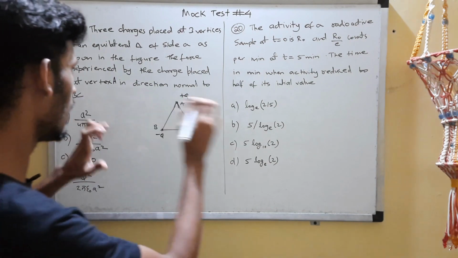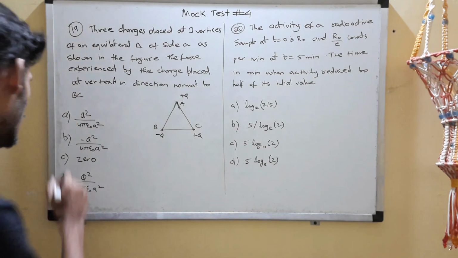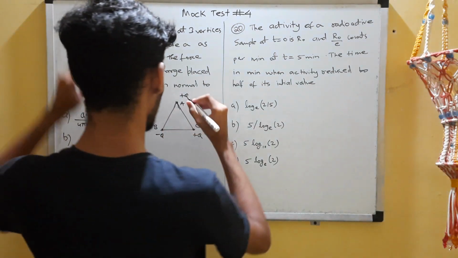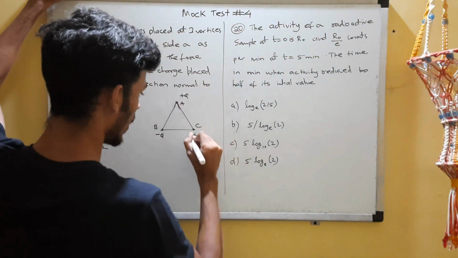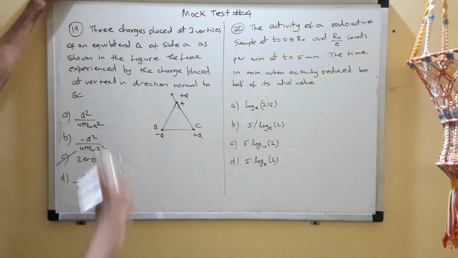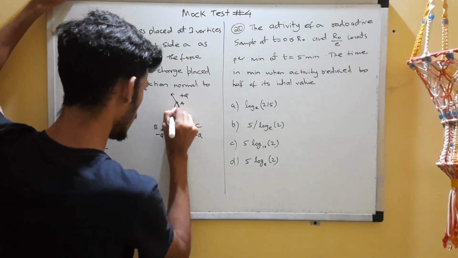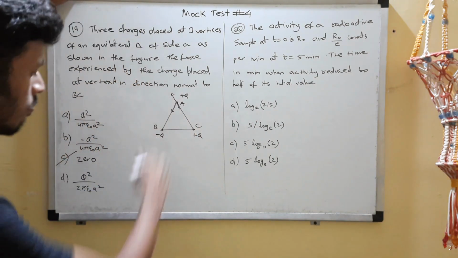If you see the symmetry in the figure, is the answer 0? Yes. Let's see how it is 0. Here the force will be in the outward direction, like charges repel. And here the force will be towards the other charge.